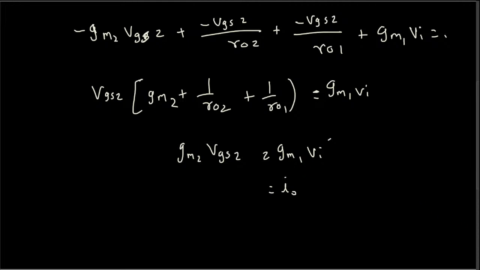Both of them are I naught. So let's put I naught for this: I naught is equal to GM1 Vi.